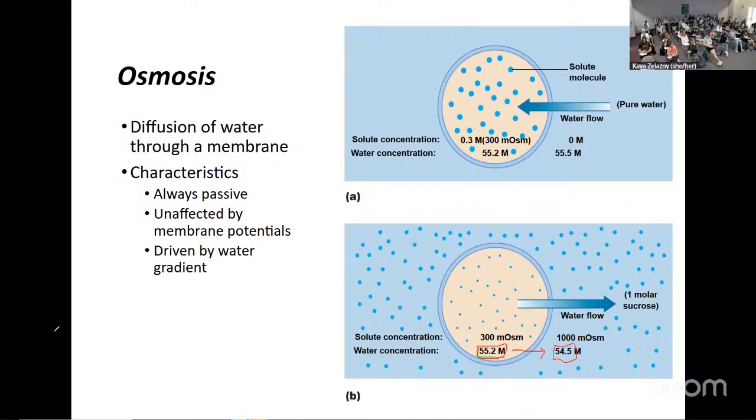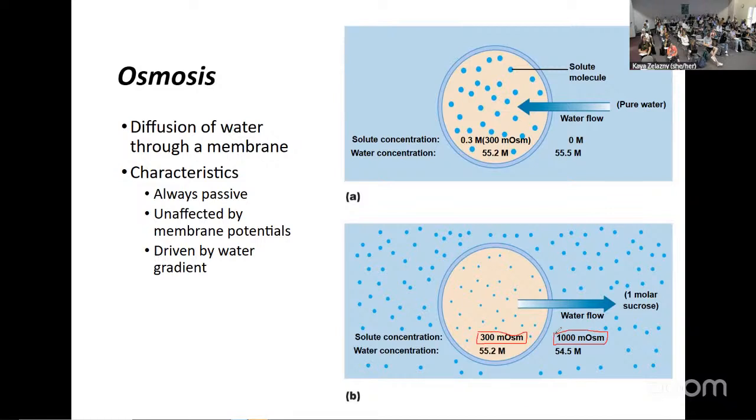But if we wanted to pay attention to just the solute concentration, we could. We notice our solute concentration inside the cell is low. Solute concentration outside the cell is high.